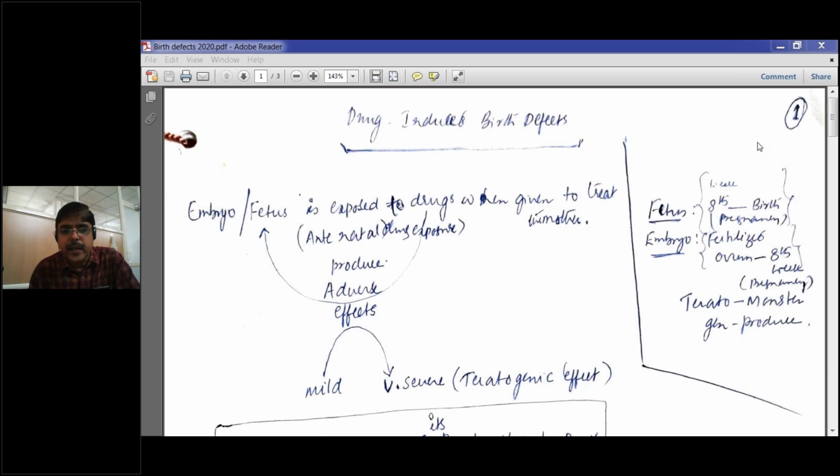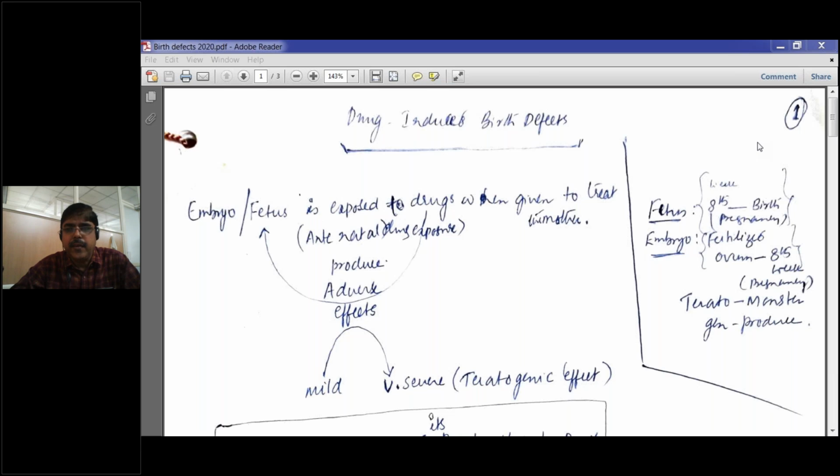In this process, who gets the benefit, and who gets the unwanted effect? The pregnant woman gets the beneficial effect and the fetus gets unwanted effects. Yes, very true. So when a pregnant woman takes the drug, she gets the therapeutic benefit, while the fetus or embryo gets the harmful effect. This should be very, very clear.